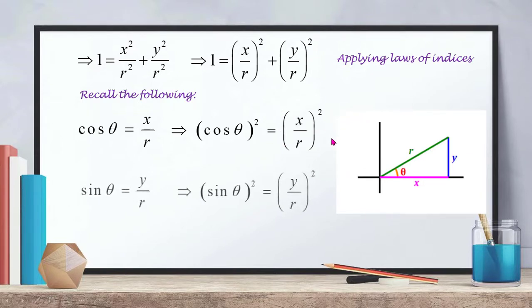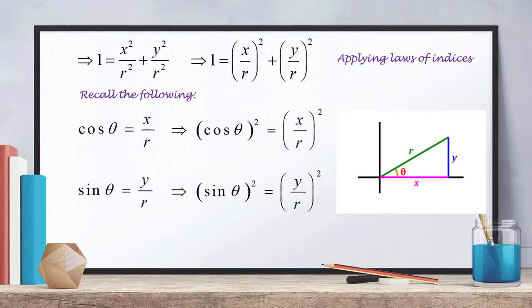We will also recall that sine theta is opposite over the hypotenuse, so we've got the opposite here divided by the hypotenuse, and squaring both sides we're going to have sine squared and y over r squared, like that.